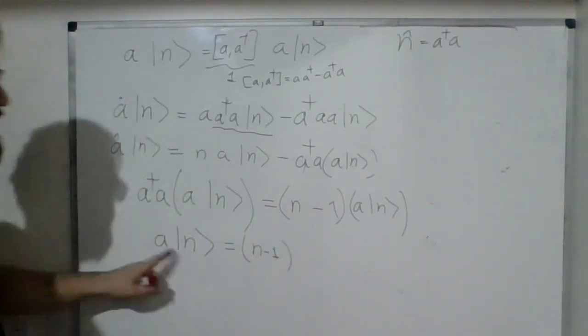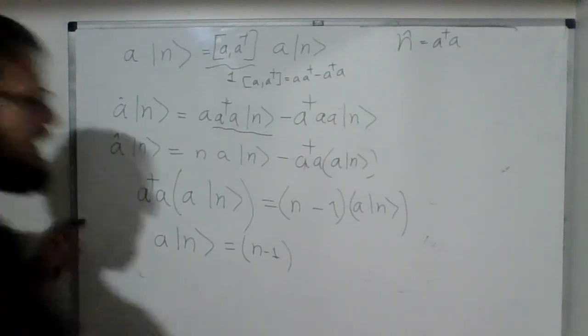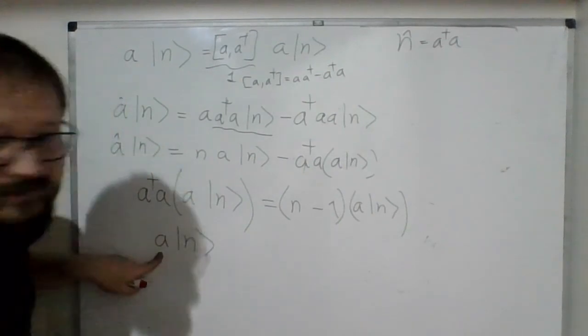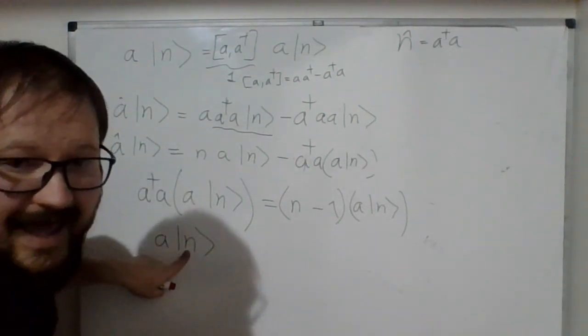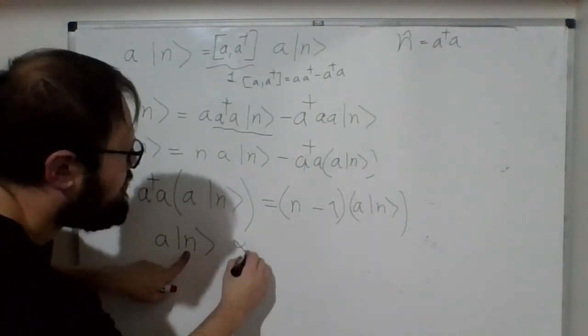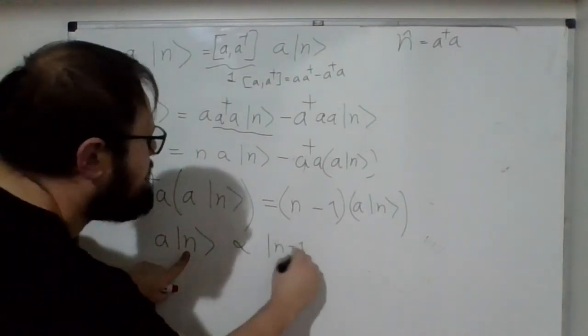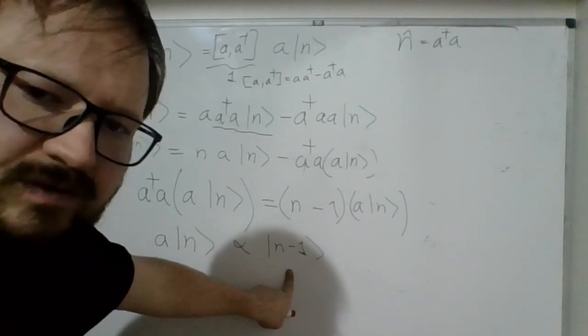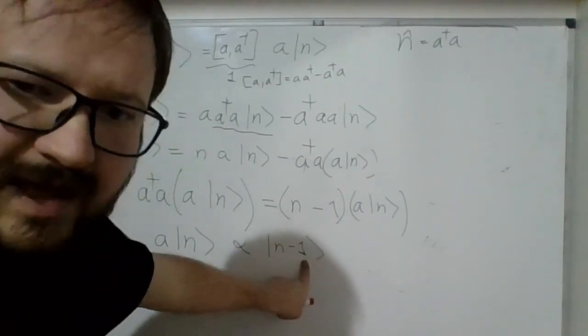So if this is true, when you apply this operator to some state n, it will be proportional to the state n minus 1. All right, this must be necessary, it's proportional to state n minus 1.